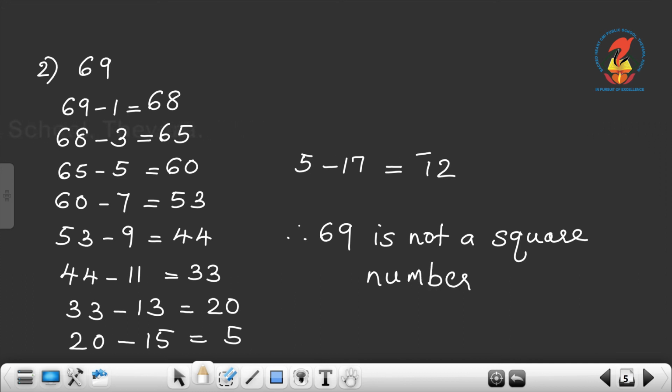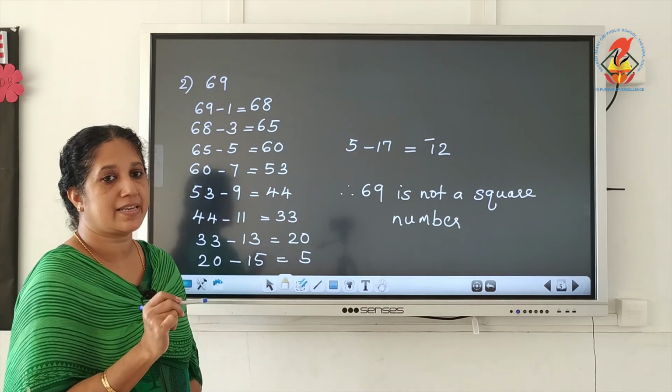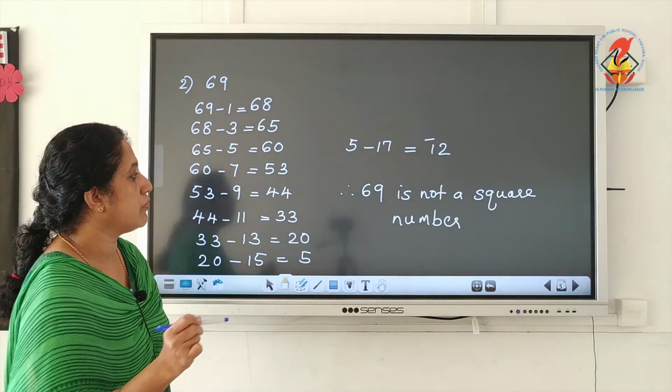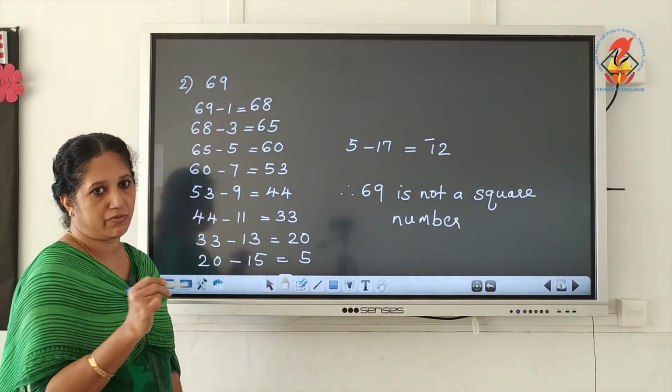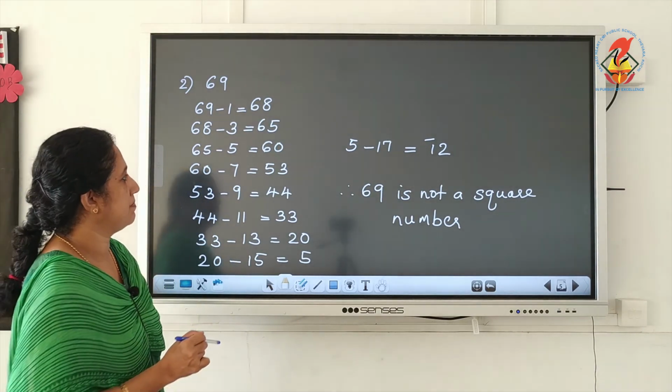We cannot express 69 as the sum of successive odd numbers starting from 1. Therefore, 69 is not a square number.